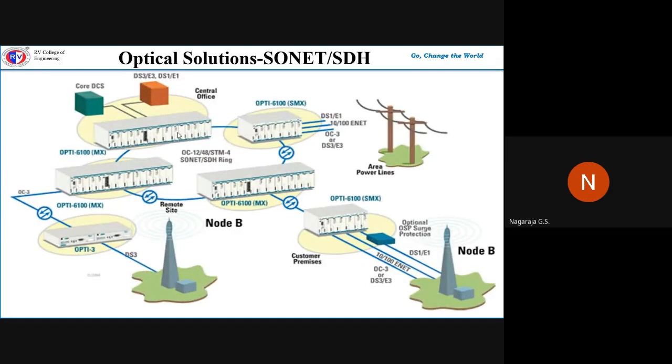This is another scenario to talk about, optical solutions using Sonet and SDH. We can have n number of nodes, node A, node B, or you can assume that it is a data center, where one data center may be connected to n number of networks which are deployed in a campus.